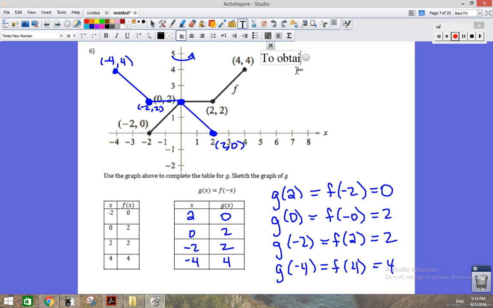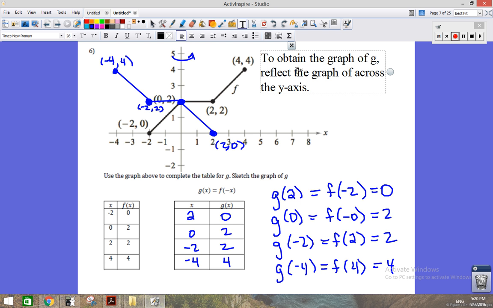So we make a statement: to obtain the graph of g, we reflect the graph of f across, or you'll see about, the y-axis.